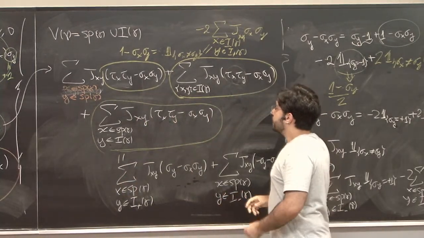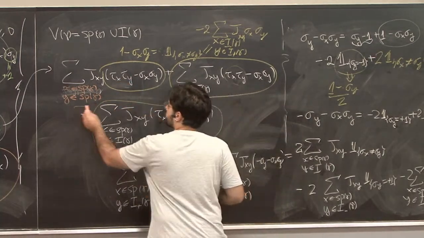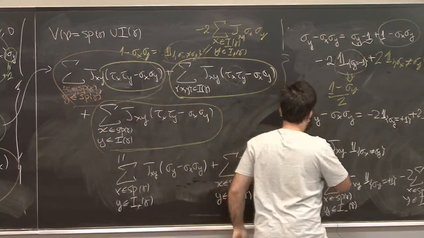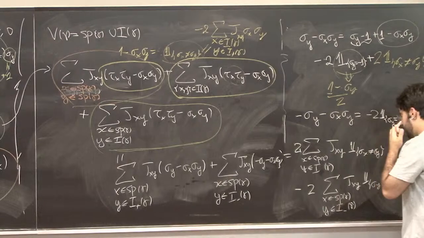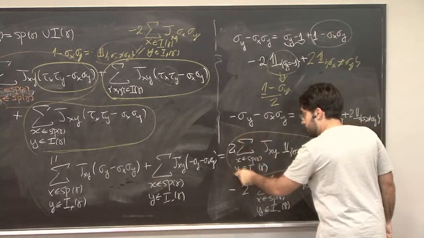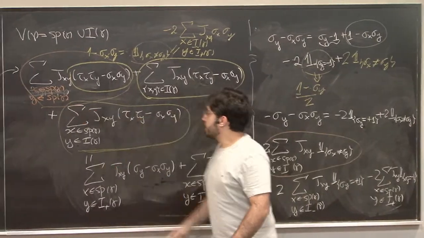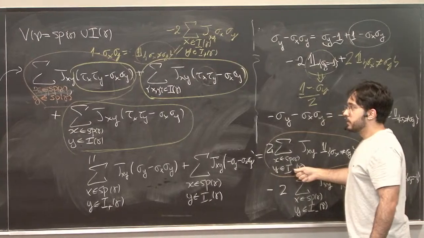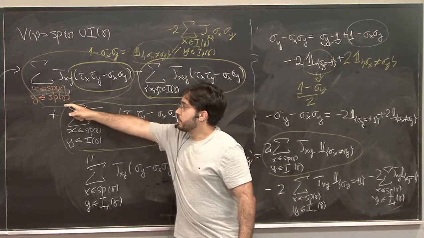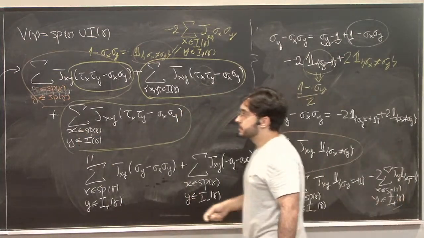So if I get this term right here, with this modification, and if I get one of these terms, so I took one support and one interior, this will be a sum depending on x inside the support and y in the volume of gamma.